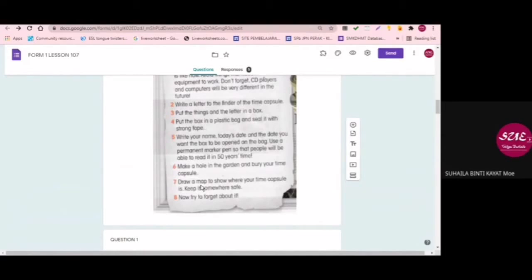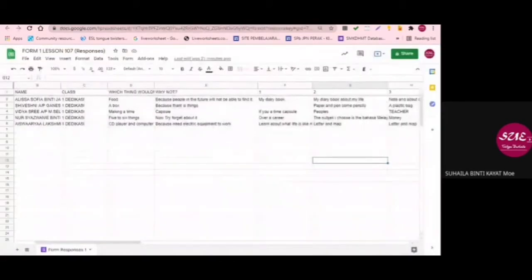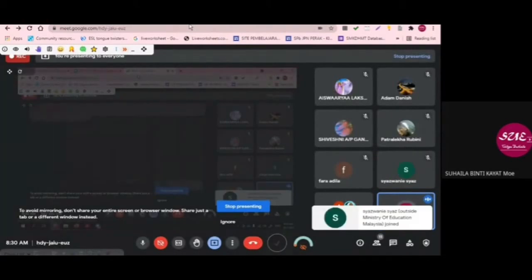Ya, mesti direct. Now you already form 1, you dah kena tahu macam mana mencari jawapan. The underline, you have to read through lines, in between lines untuk cari jawapan. Meaning that you have to really focus when you read your text to find the correct answer.